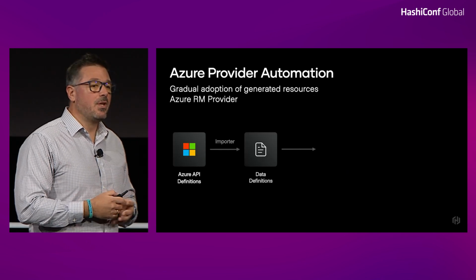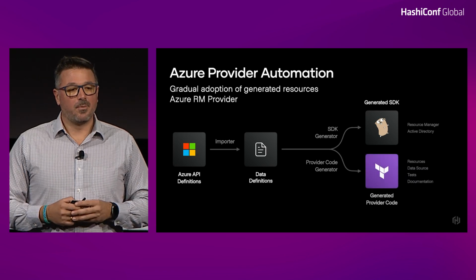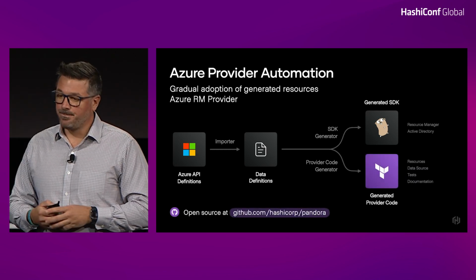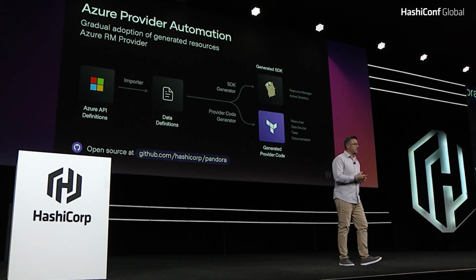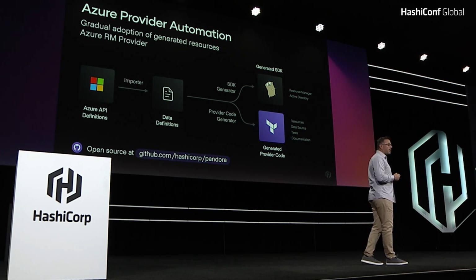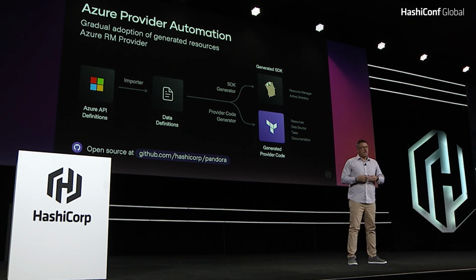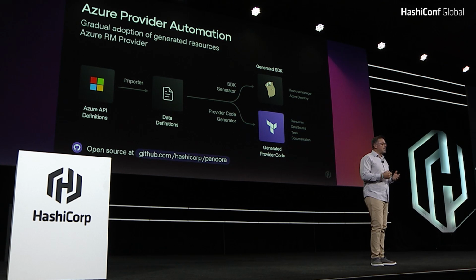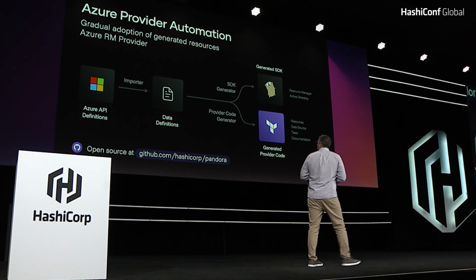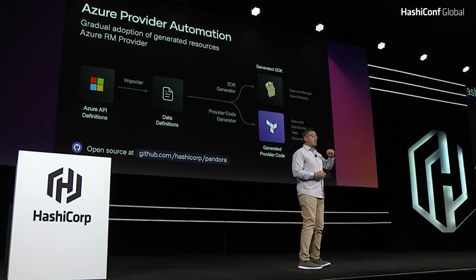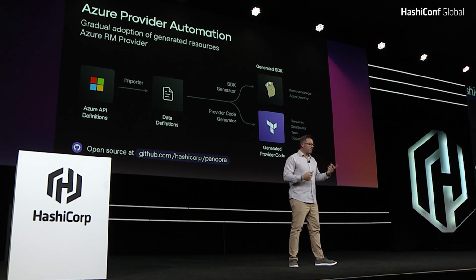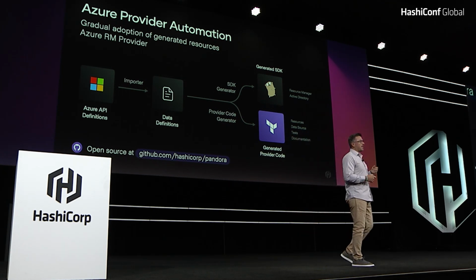Speaking of that, super happy to announce a new tool called Pandora that is now open source. The URL is right there. It's under our HashiCorp GitHub. And the idea around Pandora, really, in a nutshell, is to be able to say, OK, Azure has these API definitions or a spec, and we're going to pull from that spec, import that, and generate a few things, right?